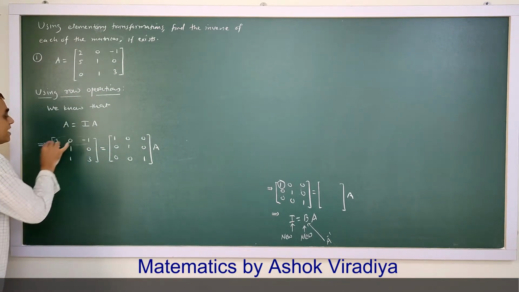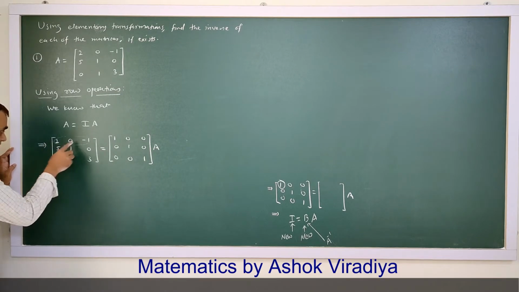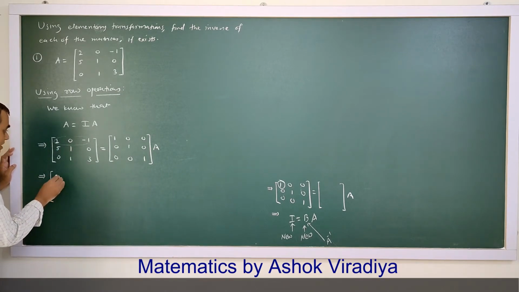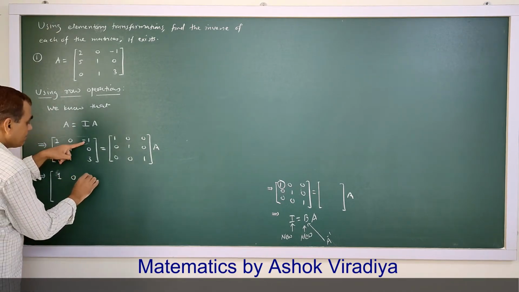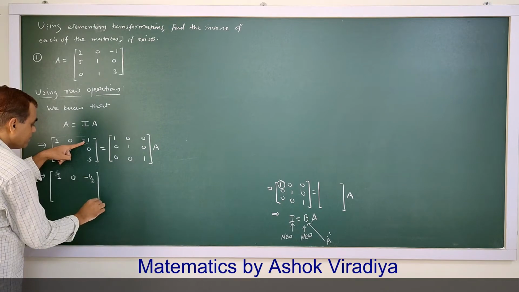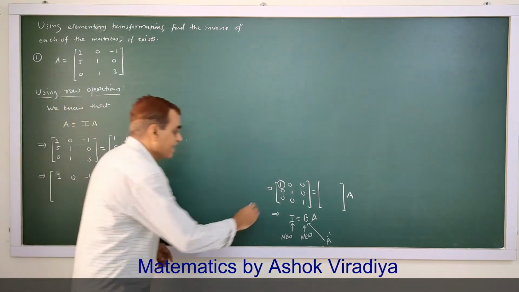Dividing first row by 2. So first row I am dividing by 2. So dividing by 2, this will be 1. 0 divided by 2 is 0. Minus 1 by 2. So first row dividing by 2, we are getting 1.